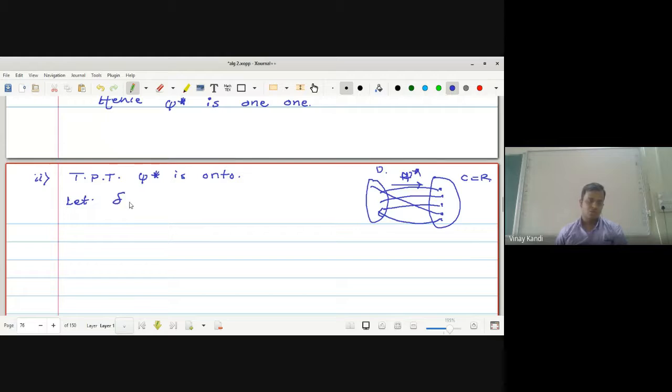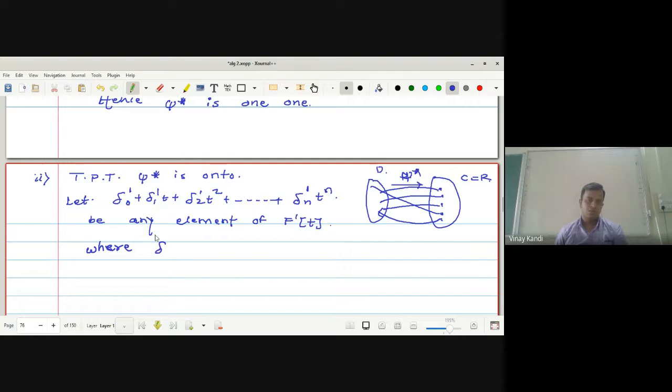Suppose this is the polynomial belonging to F dash of t: delta naught dash plus delta 1 dash t plus delta 2 dash t square plus, and so on, delta n dash t raised to n, be any element of capital F dash of t, where all the coefficients of this polynomial, delta naught dash, delta 1 dash, up to delta n dash, belong to f dash.